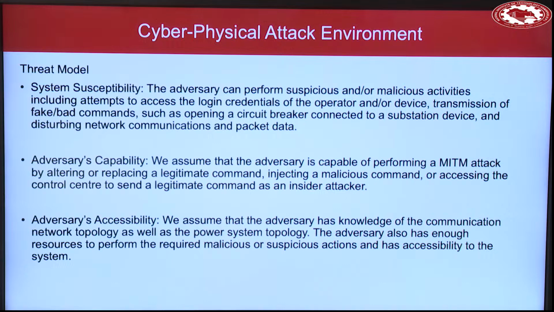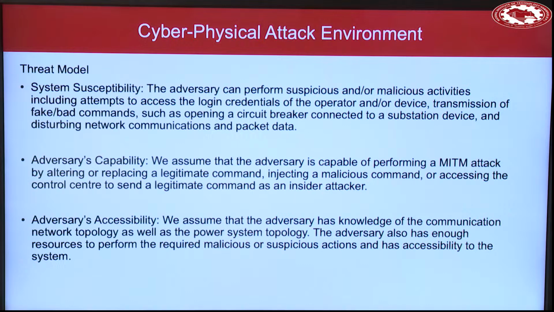And when we say attacker's accessibility, we assume that the adversary has knowledge of the communication network topology, what devices I might have, and the way they are connected in the network, as well as the power system topology. The adversary also has enough resources to perform the required malicious actions and has accessibility to the system.